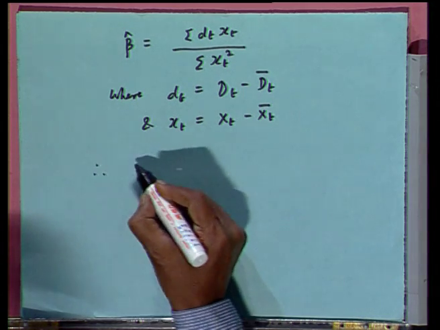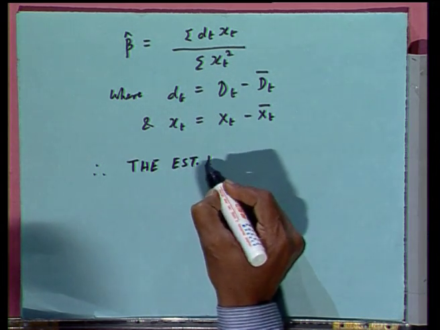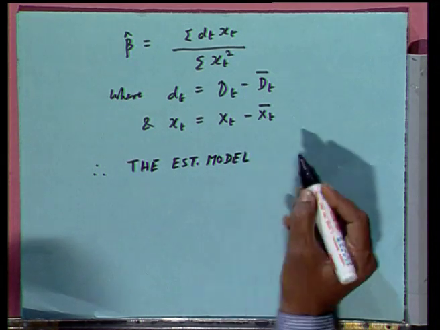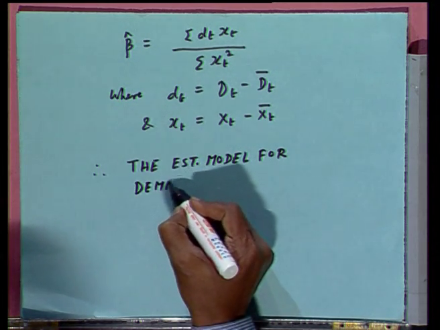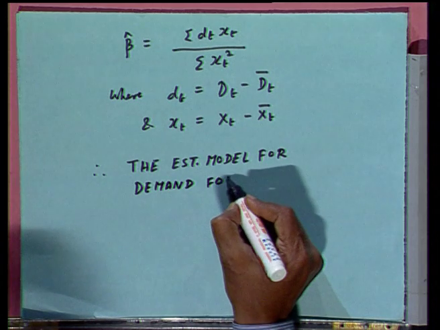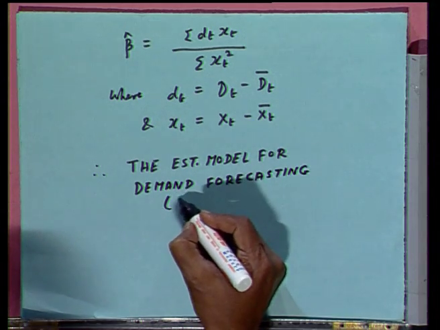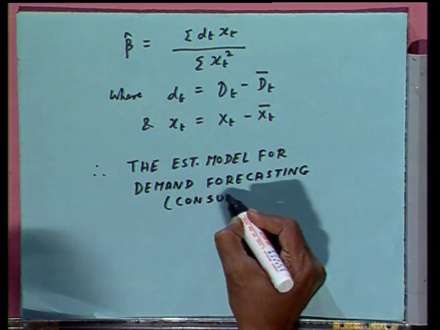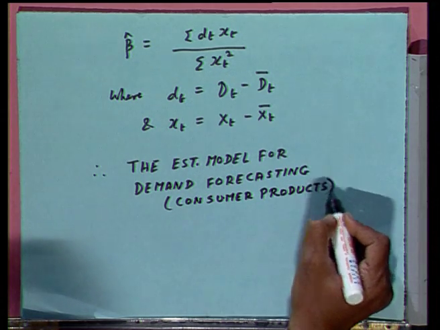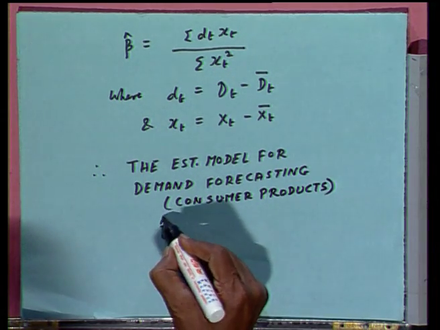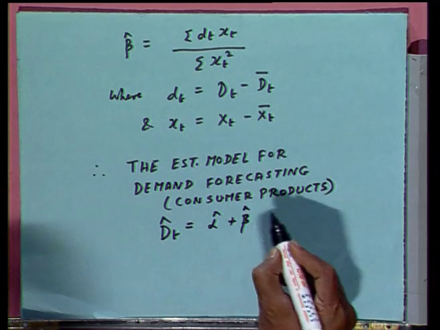Therefore, the estimated model for demand forecasting, mind you, this is for consumer products, is given by dt hat = alpha hat + beta hat xt.